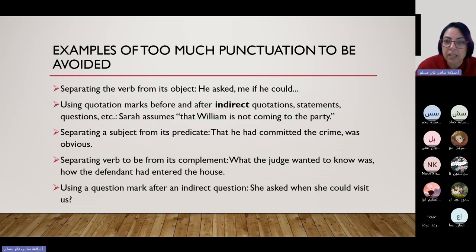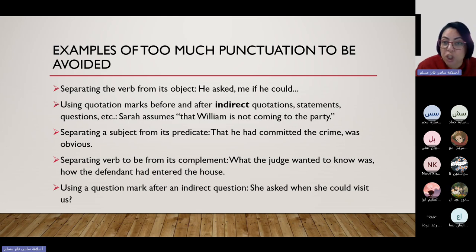Using a question mark after an indirect question, a sentence that is not interrogative. We are not asking a question in it. She asked when she could visit us.